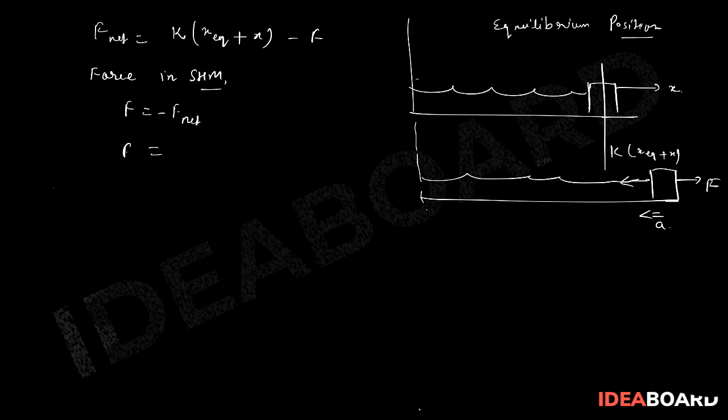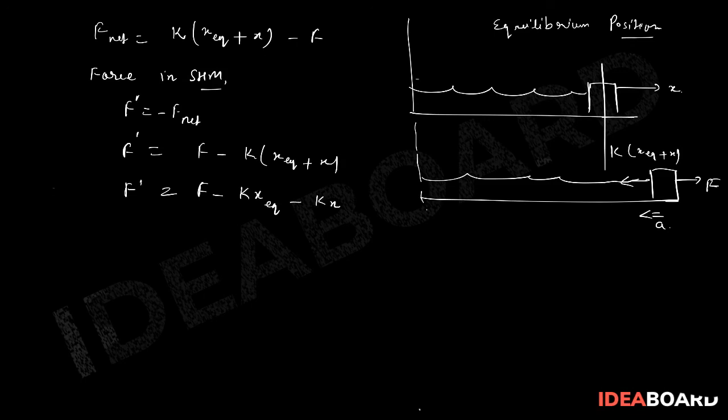So I can write F net is equal to K into x equilibrium plus X minus F. That means the force in SHM, let's call it F dash, is equal to F minus K into x equilibrium plus X. If you multiply this inside, this will be Kx equilibrium minus Kx.